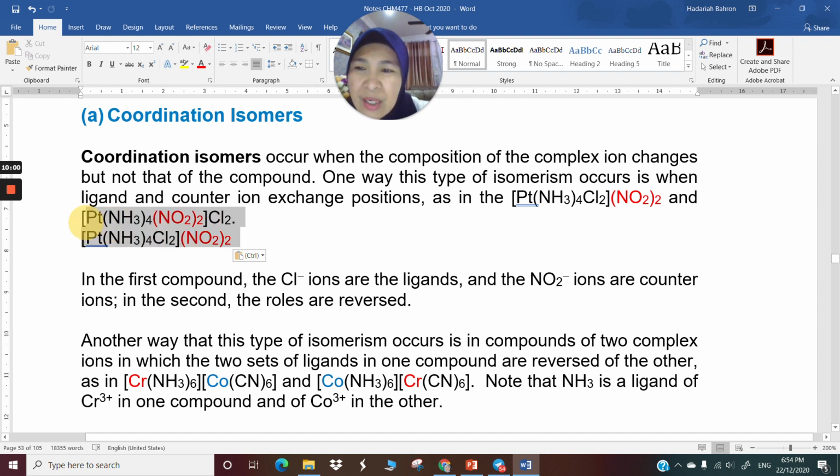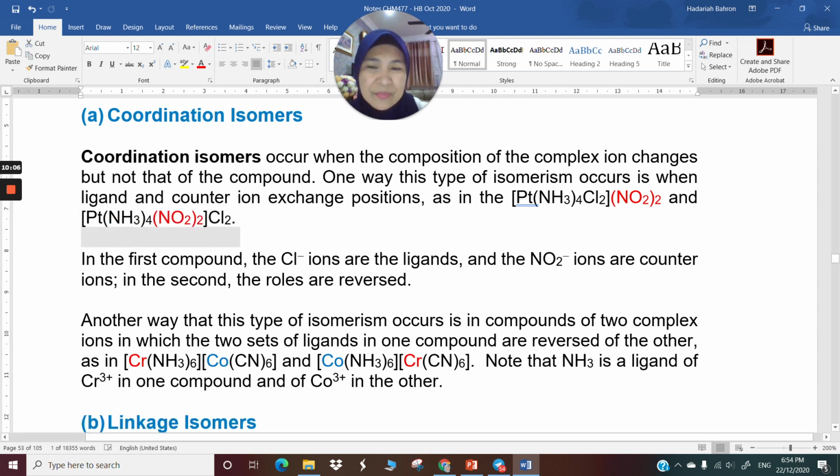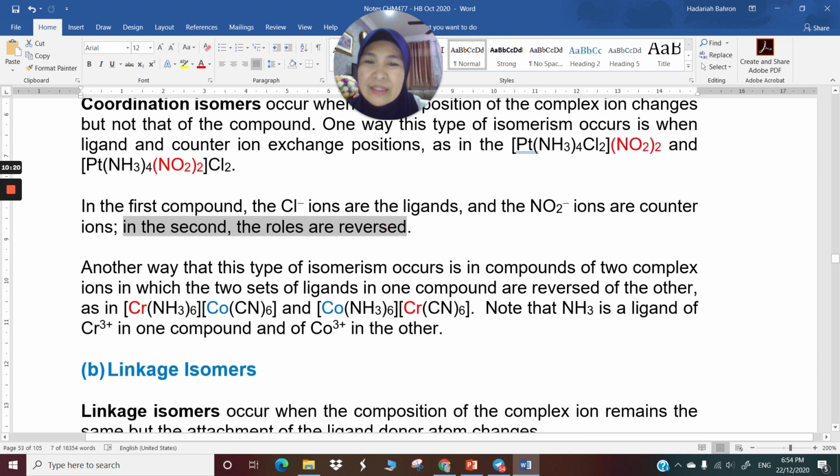These two are coordination isomers. That's clear. Now in the first compound, the Cl minus ions are the ligand and the NO2 minus ions are counter ions. But in the second compound, the roles are reversed.